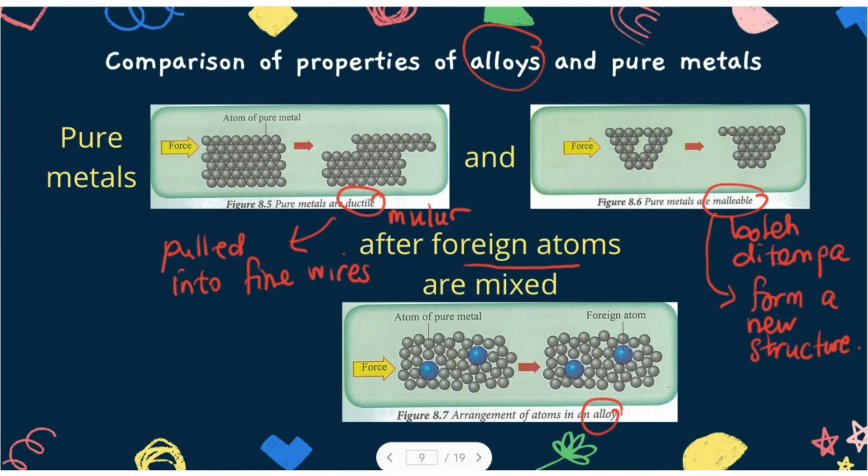So, atom of pure metals now is mixed with foreign atom. As you can see, these foreign atoms are different in size compared to the atoms in the pure metals. Hence, the orderly arrangement of atoms in pure metal is disrupted.